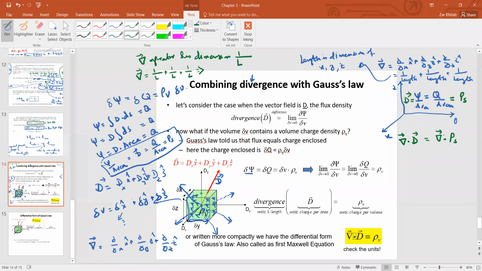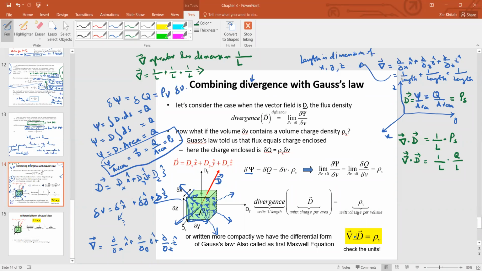The del operator on rho s is just like 1 over length of the rho s. So divergence D equals 1 over length dot rho s.